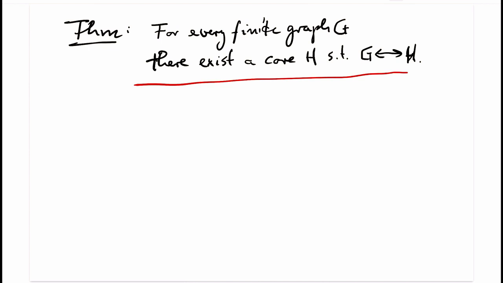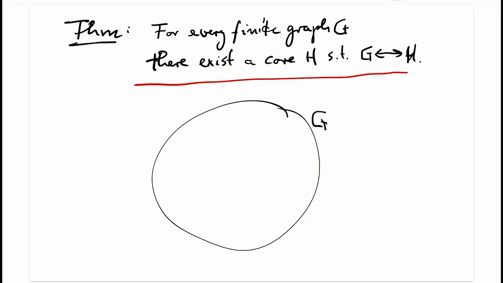So if G is not a core, it has a non-injective endomorphism. So our picture of G is like that. This is G. So we have an endomorphism. I always draw it like that, an endomorphism E, which has an image of smaller size.